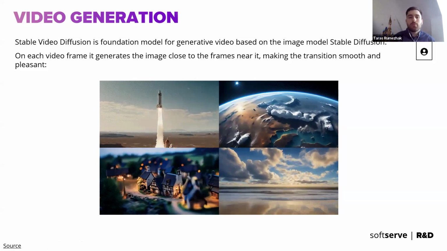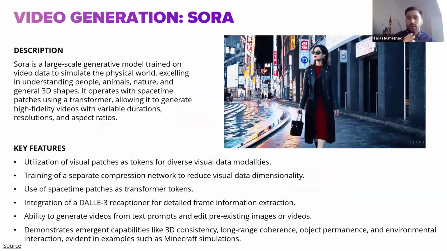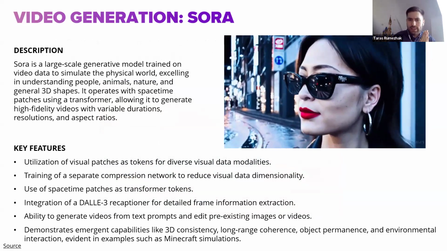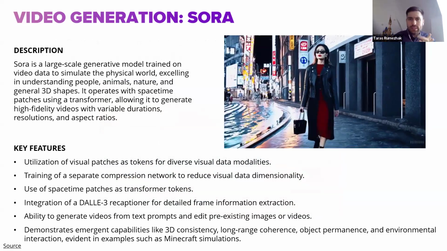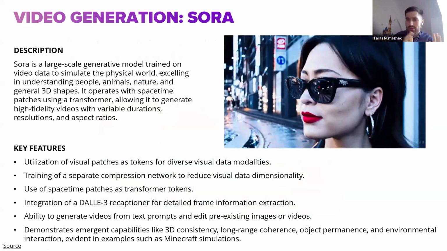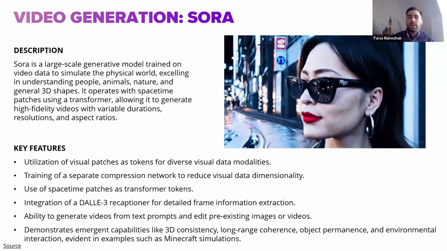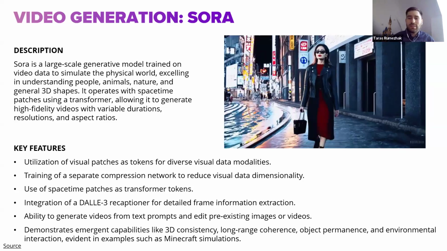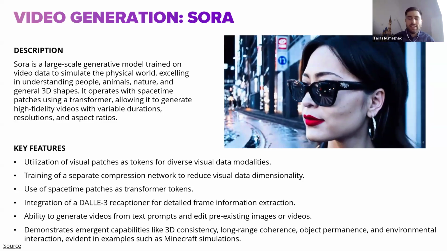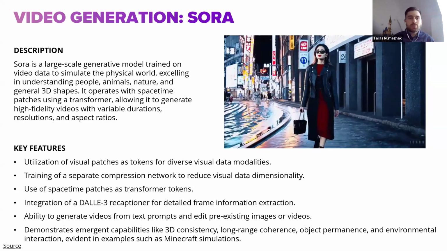So generation of high quality consistent video potentially means that we will be able to achieve perfect generation of 3D models. And about Sora, I added one or two slides because it's very hyped, but I don't want to dive deep into Sora because it's not released. They have a technical report, but it's very limited.